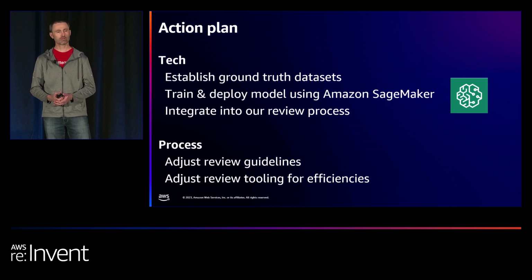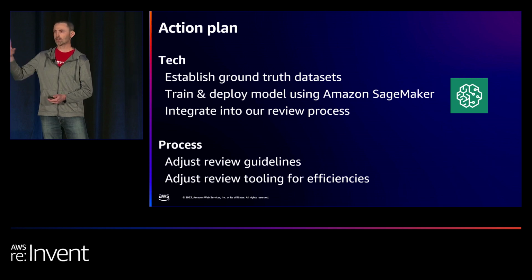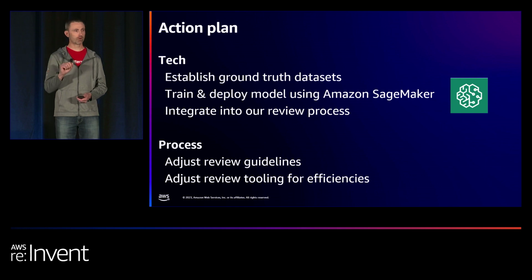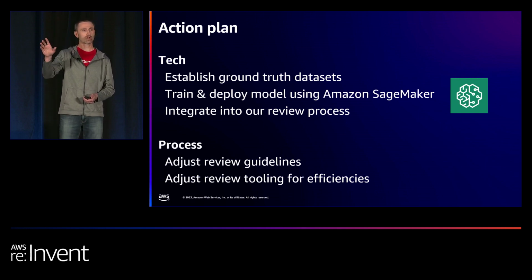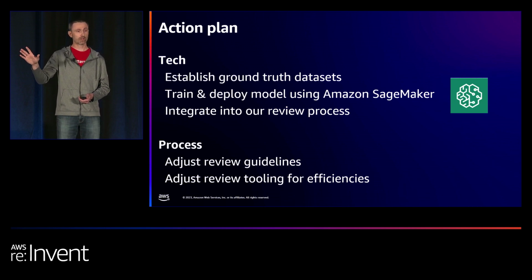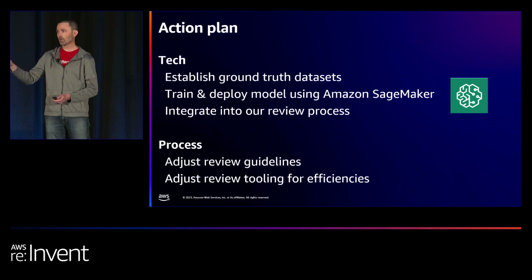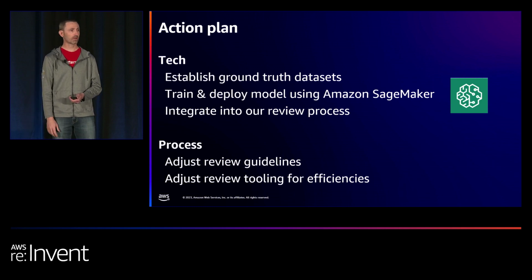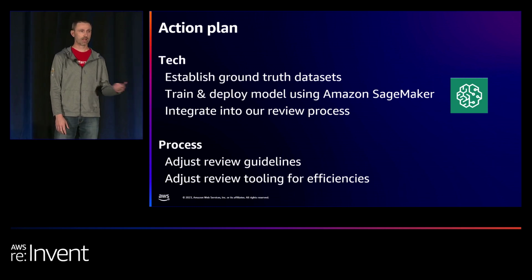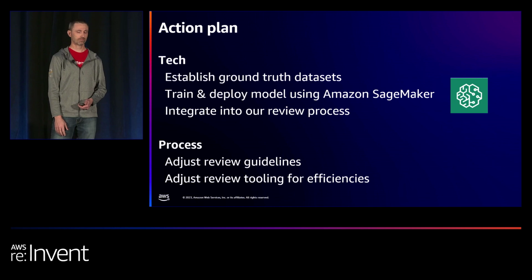When a content reviewer historically looked at a piece of content and made an assessment, they may have selected that the piece of content was rejected because it should have had a model release and didn't, but it was also blurry, and they didn't select that it was blurry also. This caused a problem for having a reliable data starting point for training a model. As a result of this, we had to go through and work with our content operations team to establish a new ground truth data set.